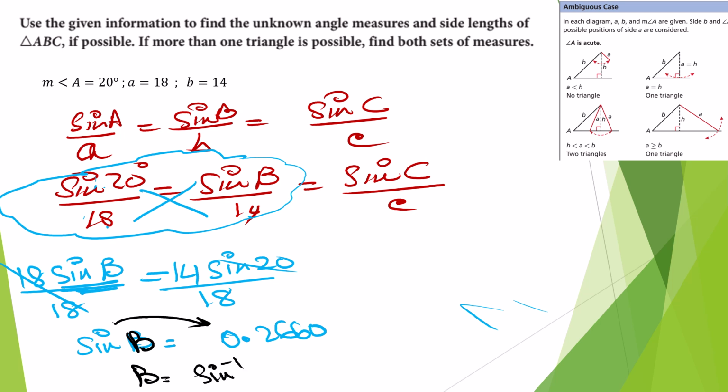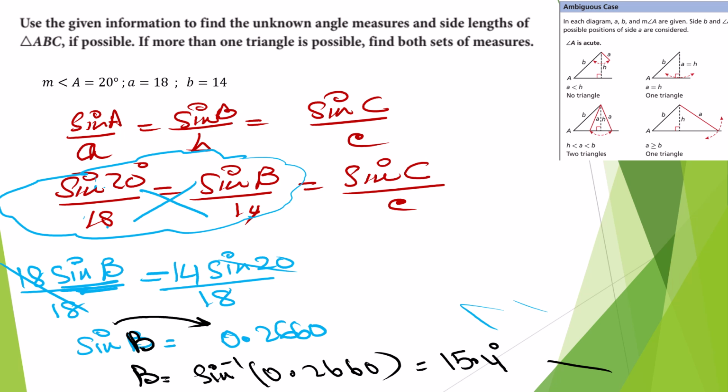No, 1 over sine is a different thing, and sine inverse is a different thing, meaning the reverse of the sine. So write in the calculator shift sine 0.2660 and your answer will be 15.4 degrees.